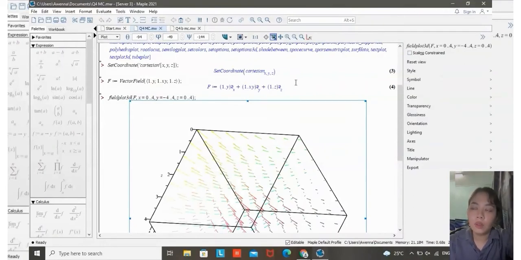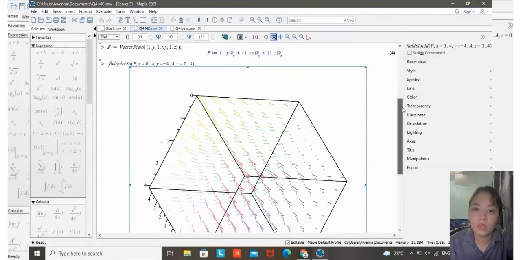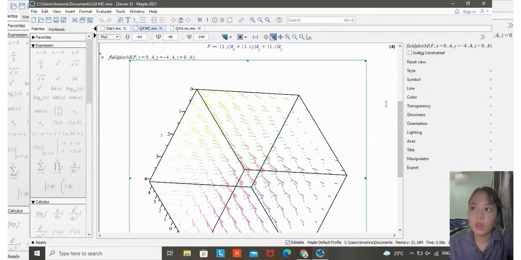After setting the variables and converting them into the vector field, we shall now plot our value to produce a 3D drawing. We will be using the command fieldplot3d, where our variable f, comma, x, y, z is where we put the value that we want to plot.